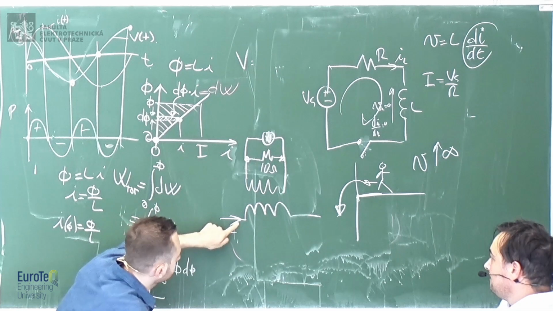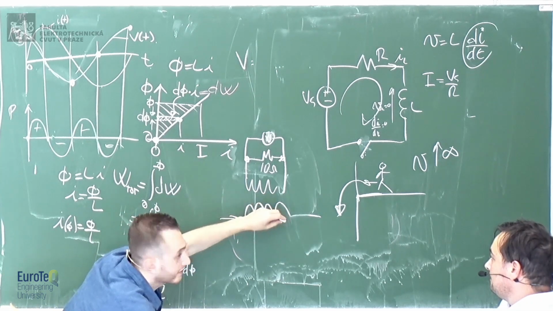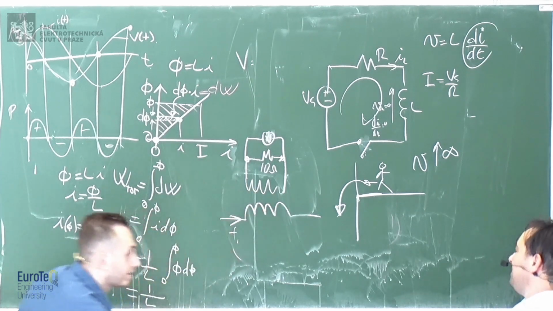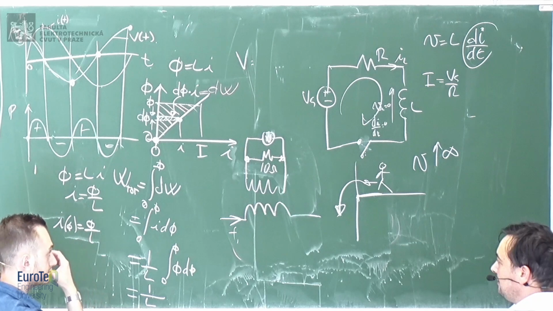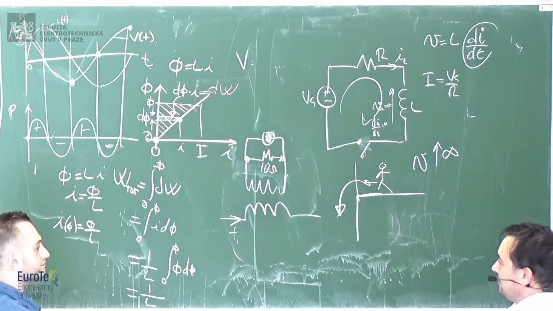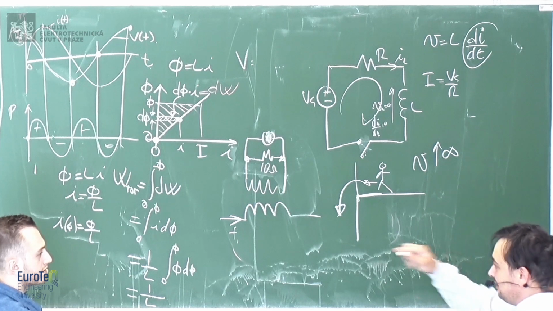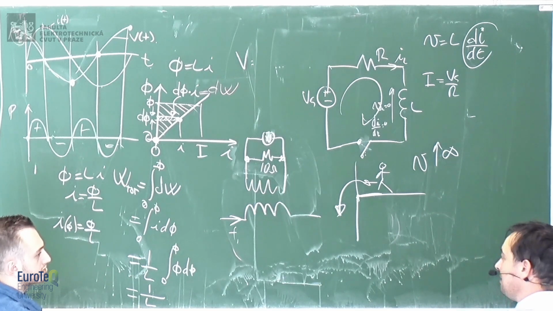Because usually this is not a coil, it's just one wire. But, well, the main advantage is that there is galvanic insulation. Yes. Because you always affect the circuit, even if you have just one wire, sometimes it's just comfortable because you just clamp it.